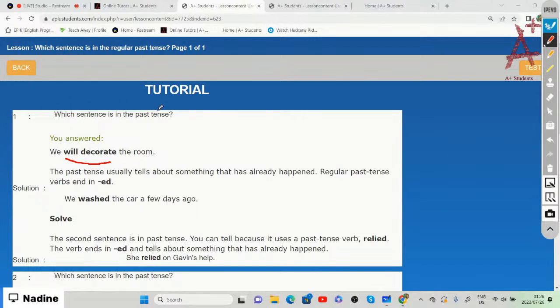And over here, we need to say which sentence is in the past tense. So if we were to write the sentence over into the past tense, we can then say we decorated the room, right? We added the D. So we decorated the room.